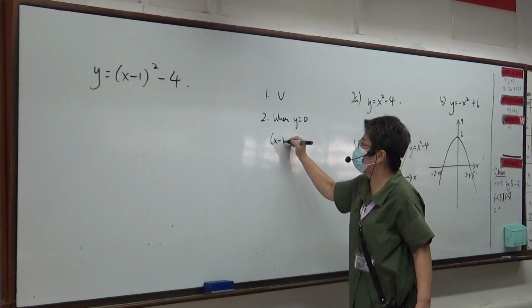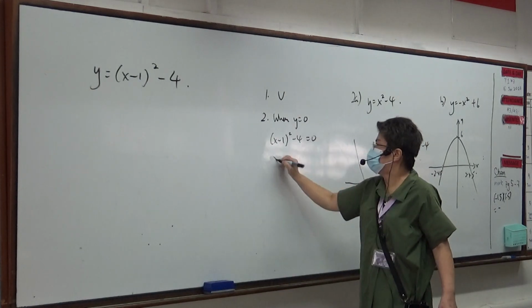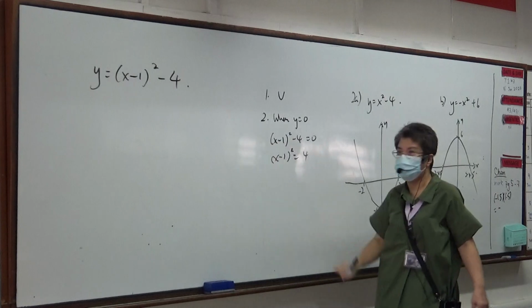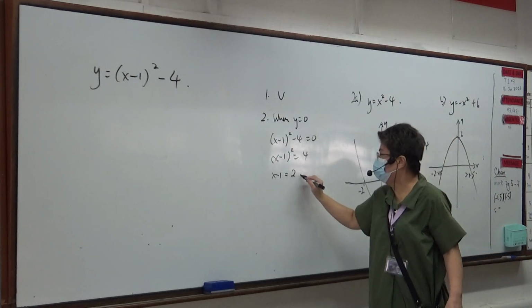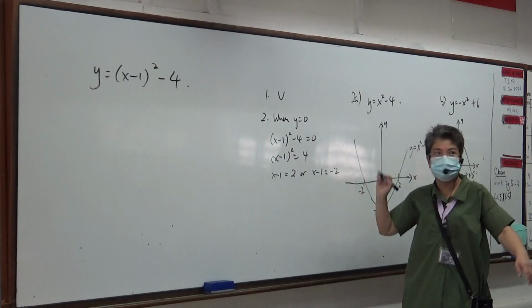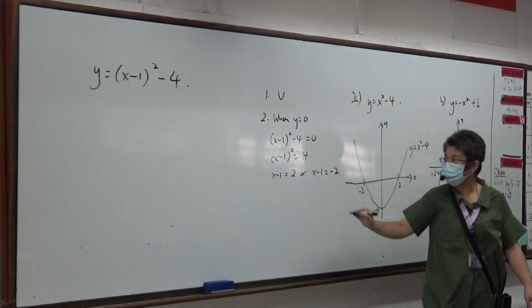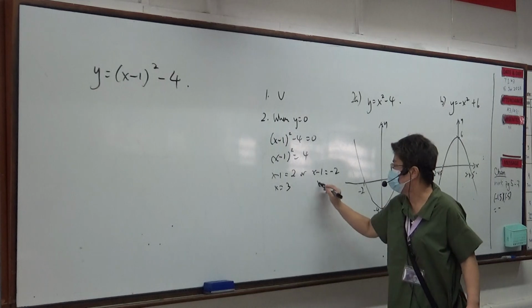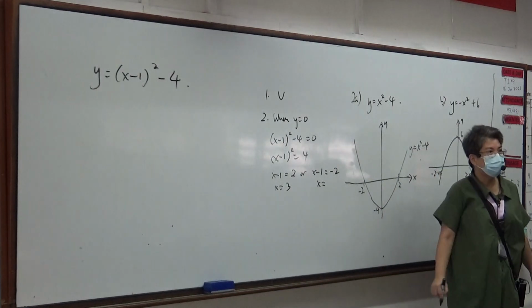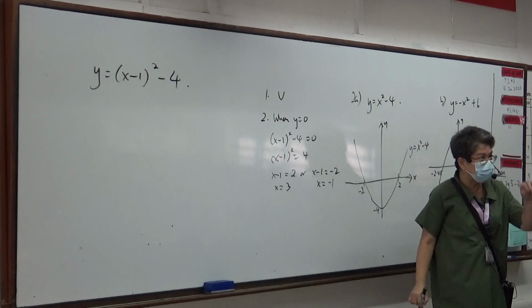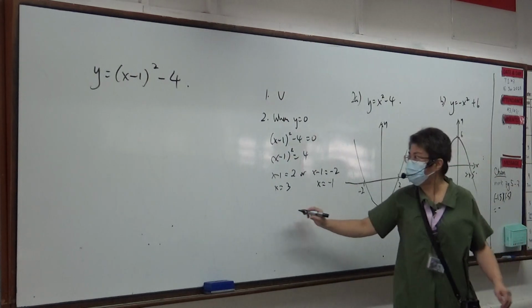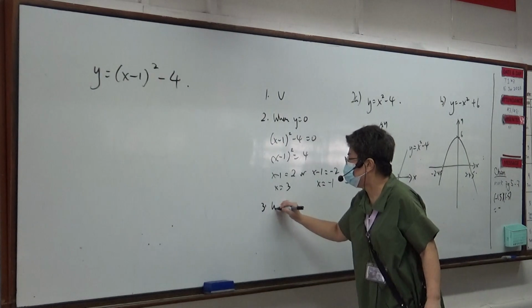So I'll have x minus 1 squared equals 4, right? So x minus 1 will be either 2 or negative 2. So what is x? x equals 3, or negative 1. So I have two answers, 3 and negative 1.